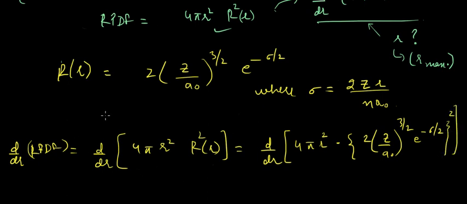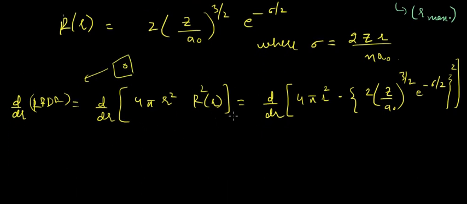This value should be equal to 0. I hope you remember this concept from mathematics, that for a value to be at maxima, d by dr of that value should be 0. That's how maxima is defined.